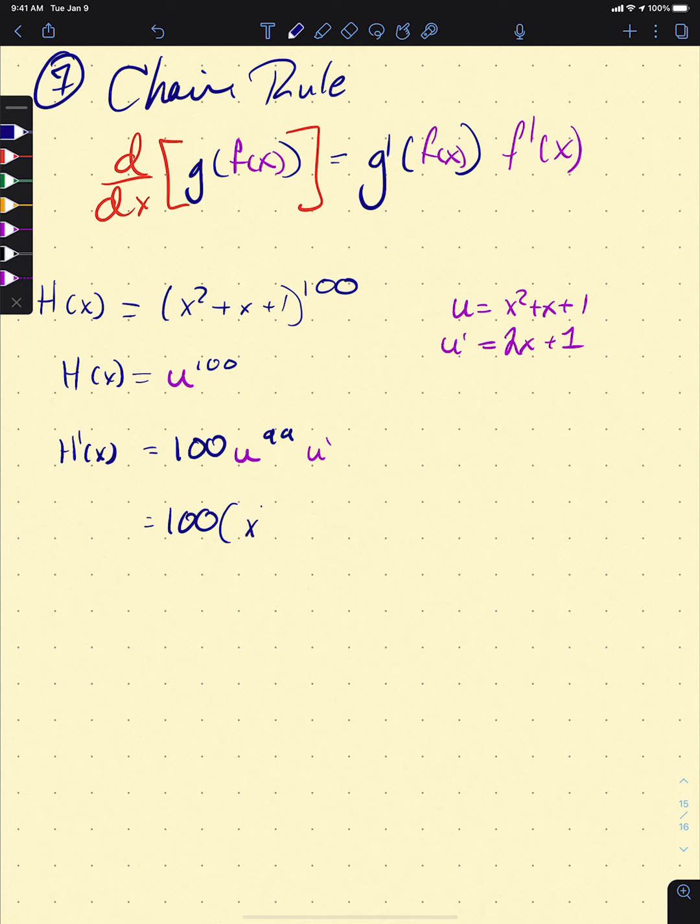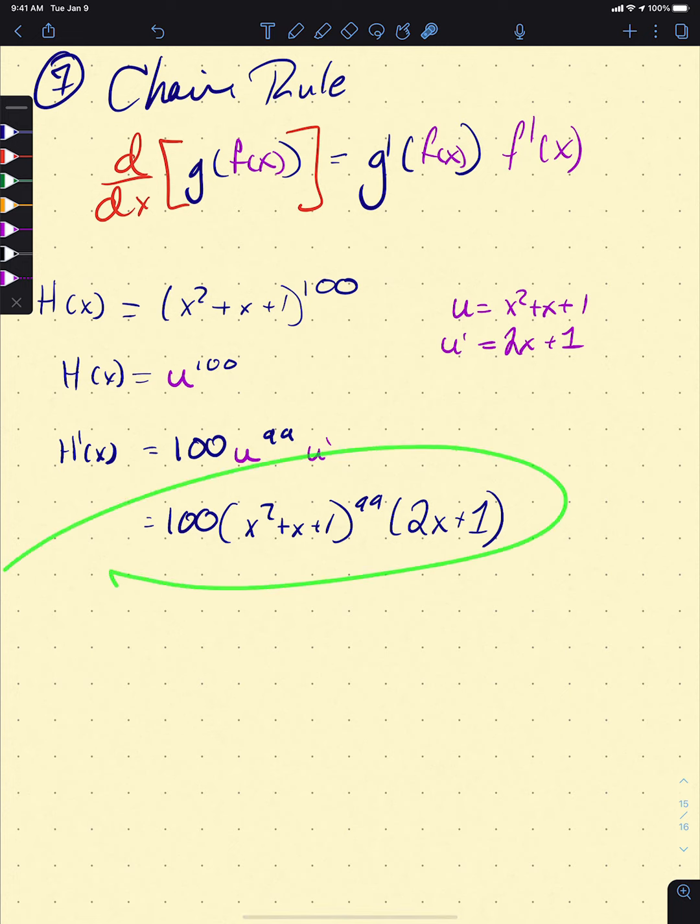We have 100 times (x squared plus x plus 1) to the 99, because that's u, times the u prime of 2x plus 1. It's just like that, right? It's not expanding out all of this. And if you did expand out all of this, and then take the derivative using our traditional tools, and then factor it all again, you would absolutely get this, but you don't need to, right? All we need to do is this chain rule stuff.